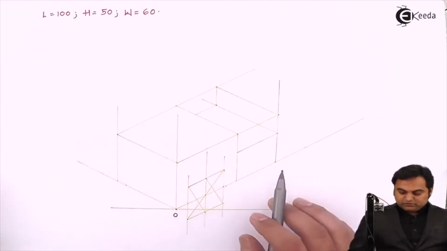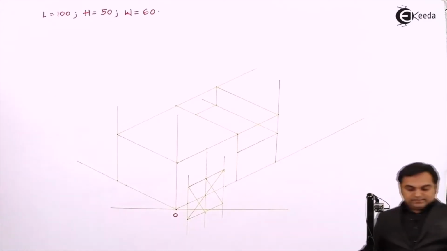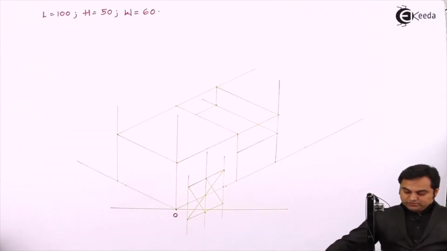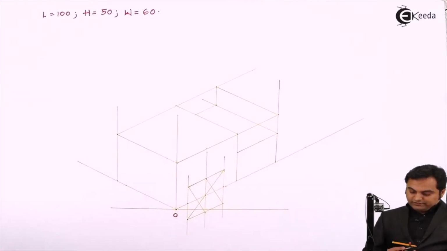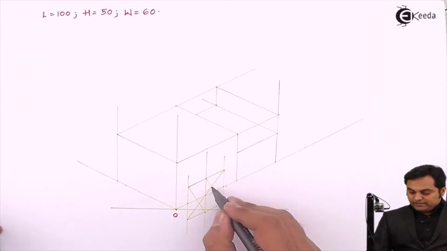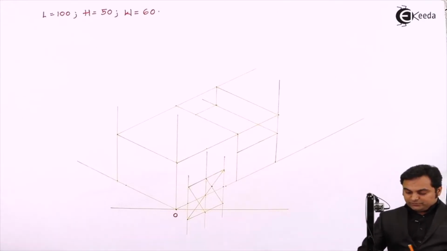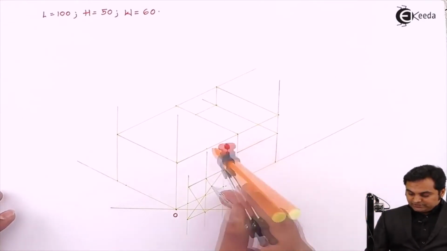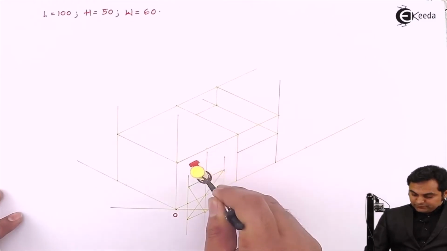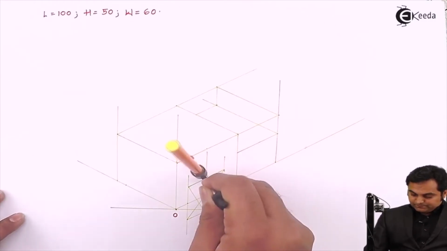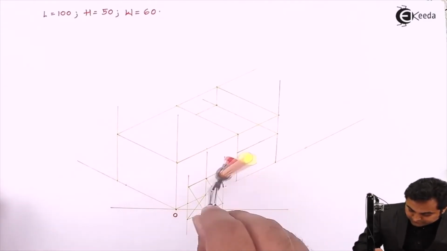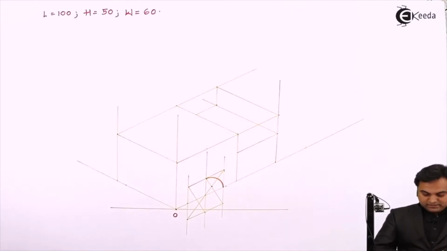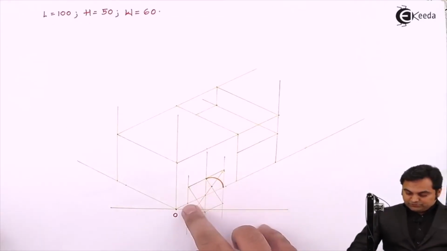So inside this parallelogram, I would be drawing the semicircle, and the method is, semicircle will start from this point and end over here. For that, here I am taking the center, that is where this line is cutting the longer diagonal. This is the one center point. I am taking this point as the center, and corresponding to this radius, I am drawing an arc. Next, I want this arc to reach up to this point.